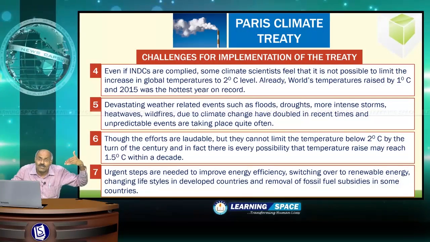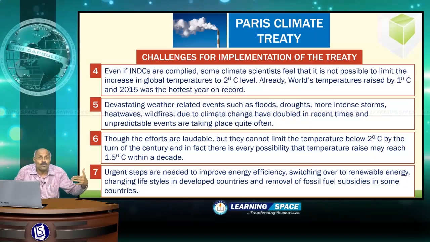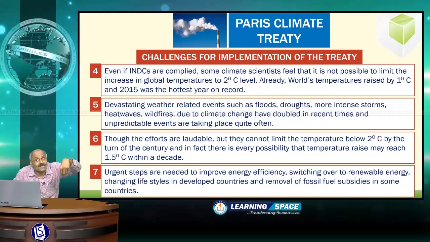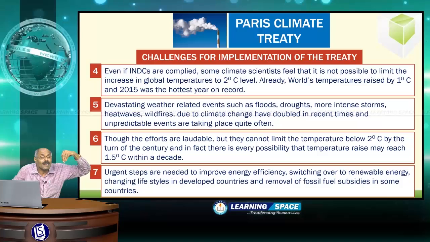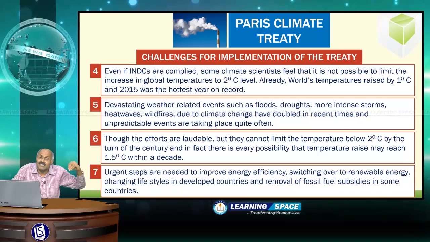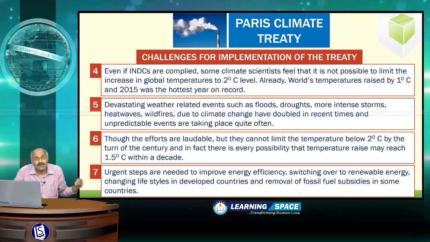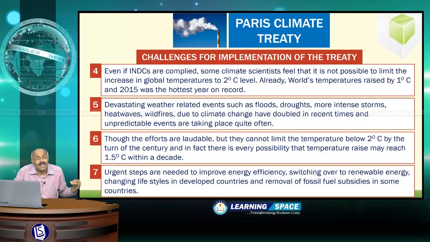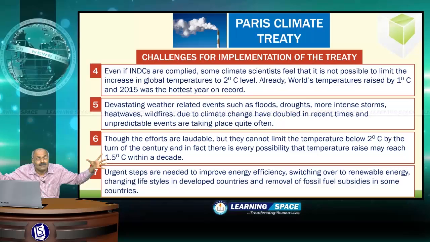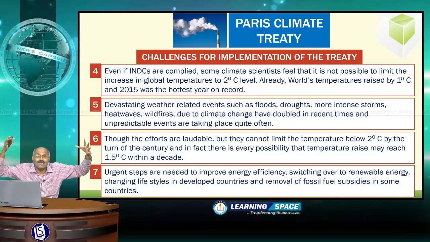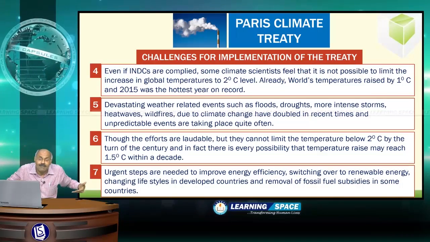Then urgent steps are needed to improve energy efficiency, switch over to renewable energy and change the lifestyles in developed countries. Developed countries are known for their lavish lifestyles. They are consuming more energy in comparison to developing countries and underdeveloped countries.